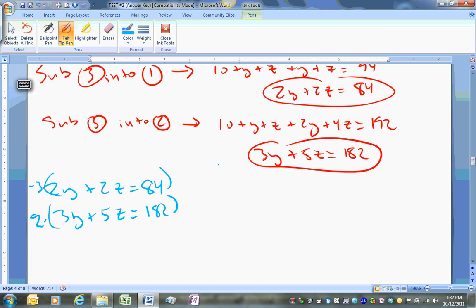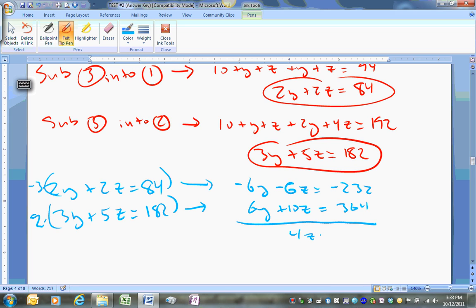I wish to get rid of Y; you could wish to get rid of Z, your choice. Now I want to use elimination, so -6Y minus 6Z equals -232. 6Y plus 10Z equals 364.